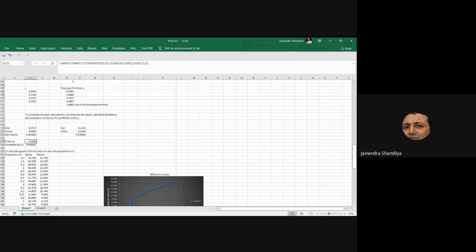When you do covariance of X and Y, as I told you, there will be two multiplications.